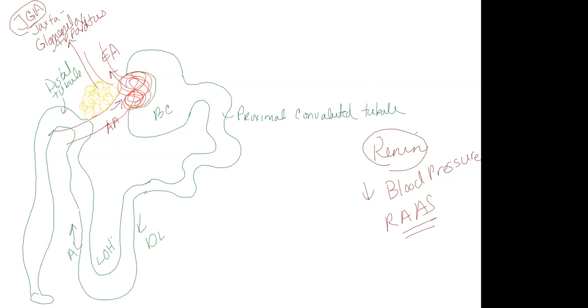Because remember, this is all still filtrate, what's left over. We get a lot of fine tuning in these areas because we don't want too much water to leave. So we see this JGA. We're going to talk a little bit more about this in the physiology, and we'll understand more of where that is actually happening.